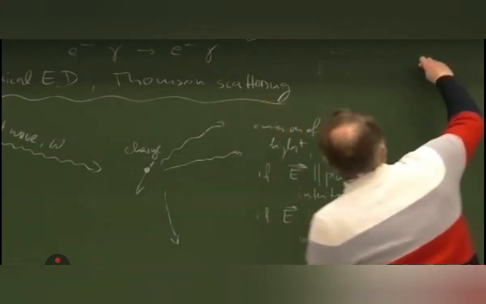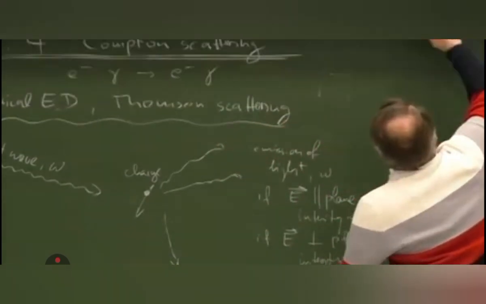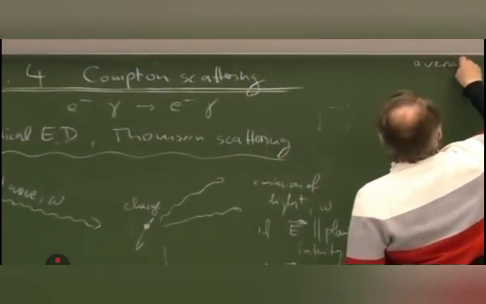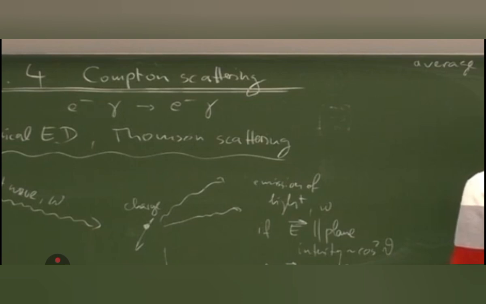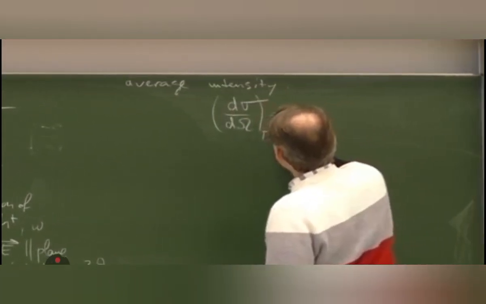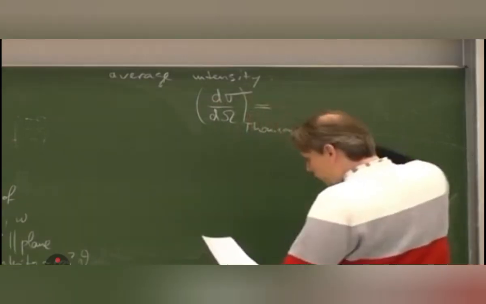So that is then the so-called Thomson cross-section, which can be written also in classical electrodynamics as d sigma by d omega, the Thomson cross-section, which has the following prefactor.